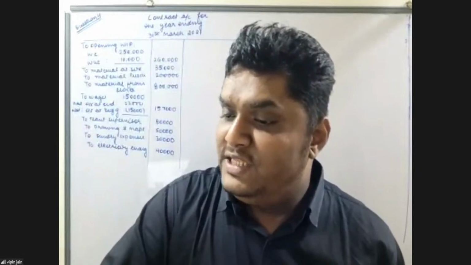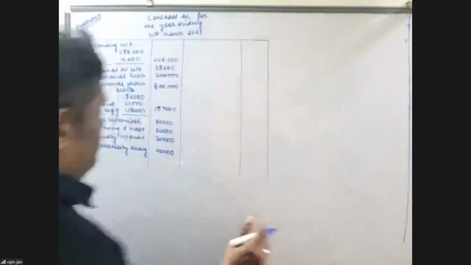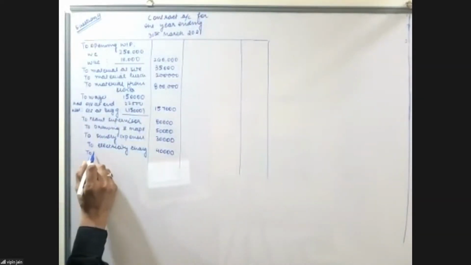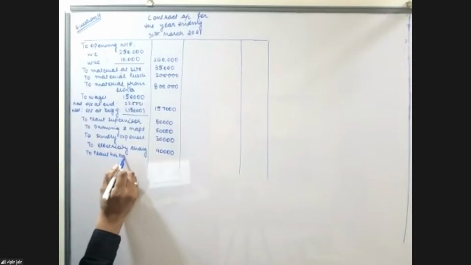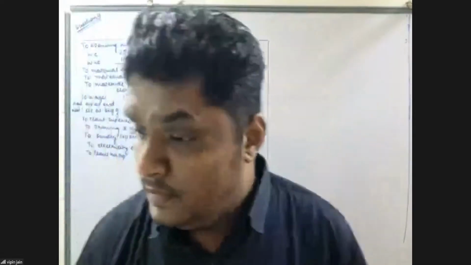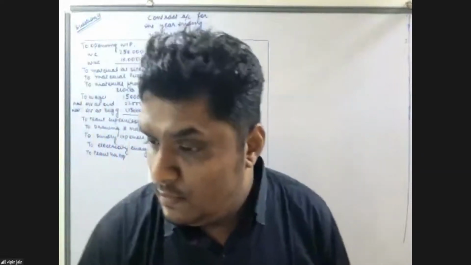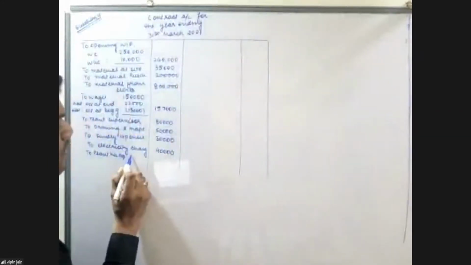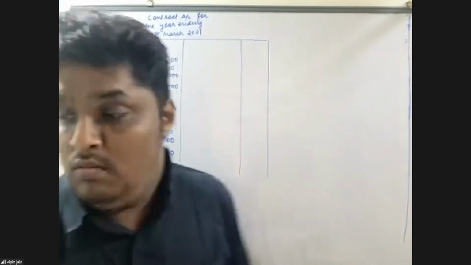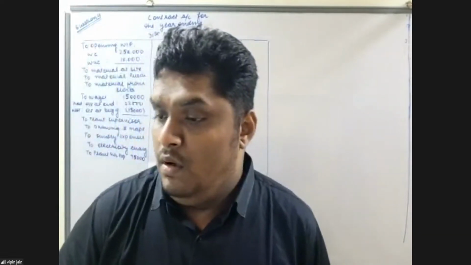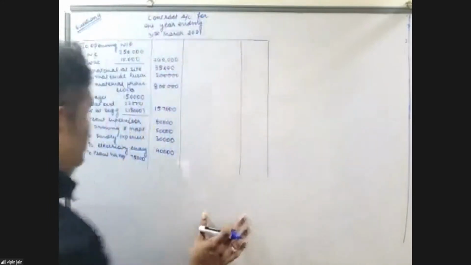Further, the plant hire expenses are 75,000. Now outstanding at the end is 15,000 and outstanding at the beginning is 20,000.